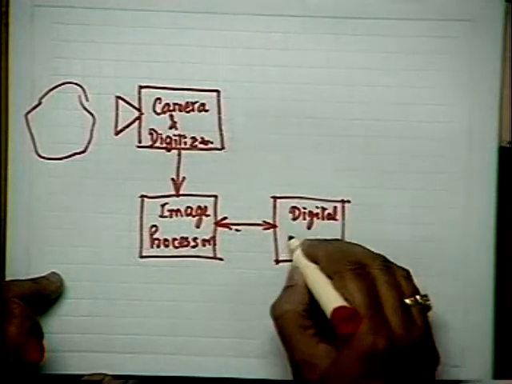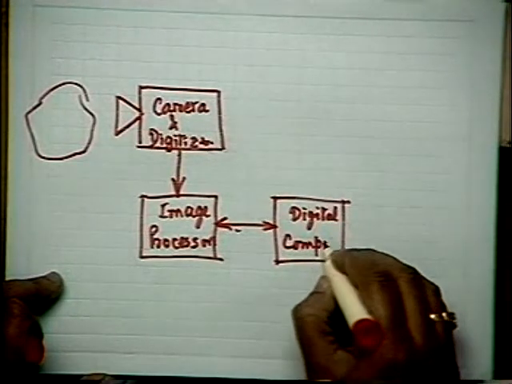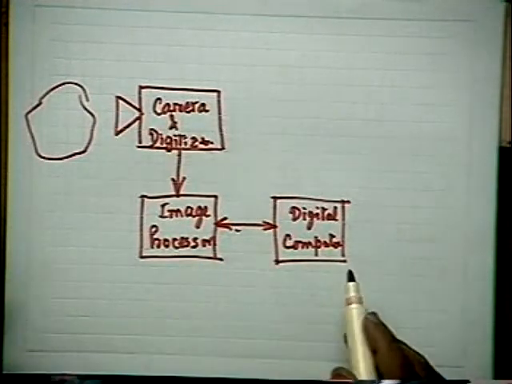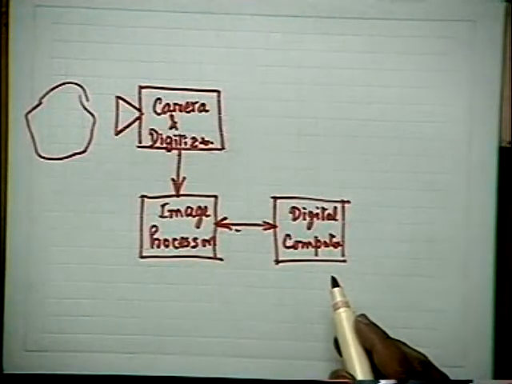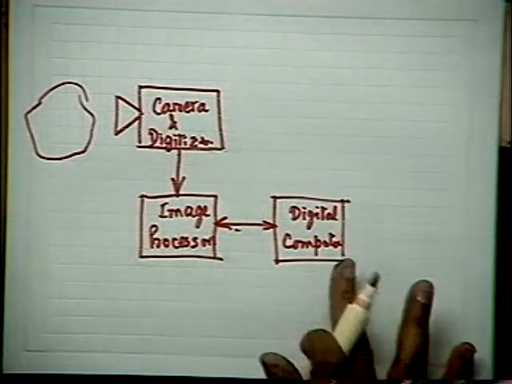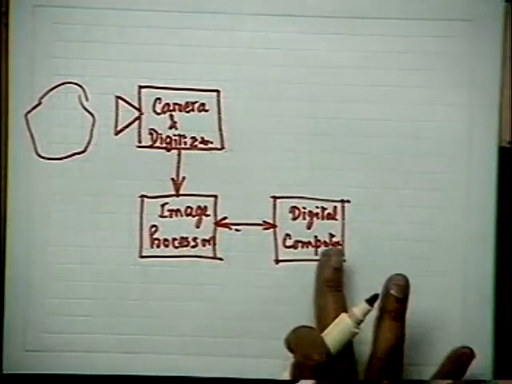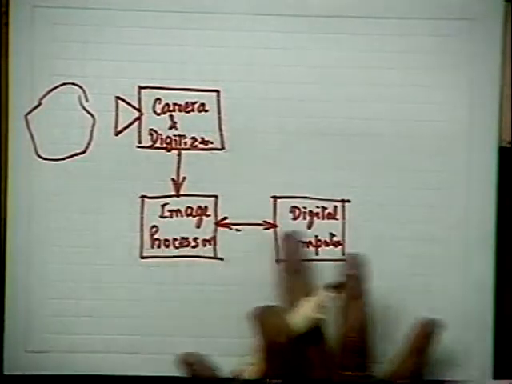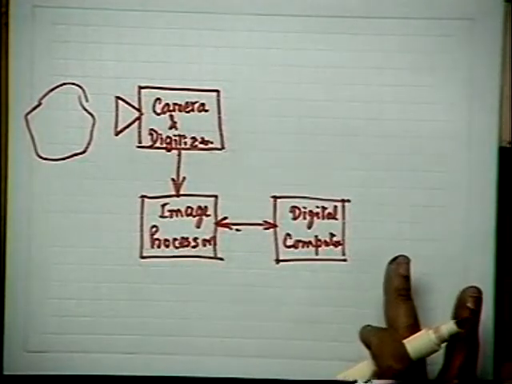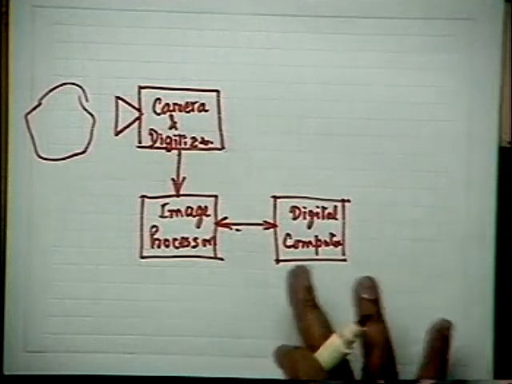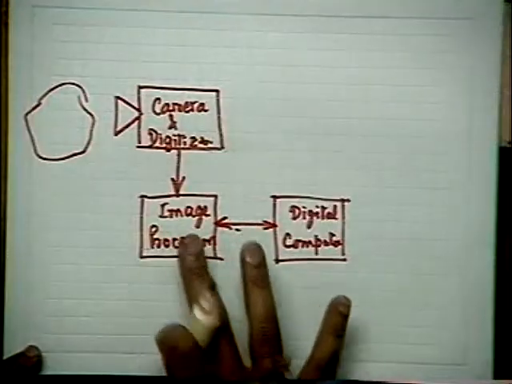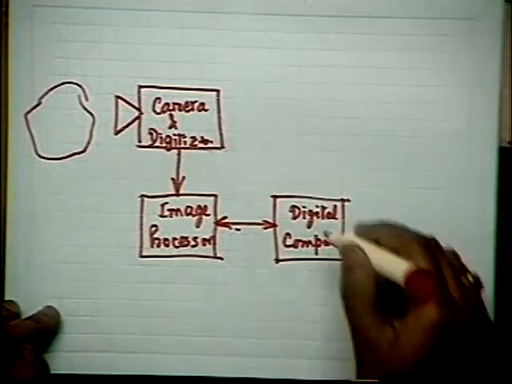Now don't get confused. Many times we combine these two blocks together. Wherever we do software digital image processing, we do the processing within the digital computer itself, so these two together become one block. But very often we may also like to have special purpose pre-processing hardware, and that's why I have separately maintained this block of image processor.